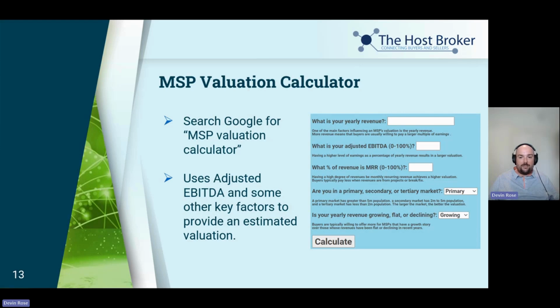If you want to get a closer idea of what your business might be worth, please feel free to reach out to us. We can talk to you about other factors and come up with a closer range. But having said that, this valuation calculator is a very good tool, and will give you a rough idea about what the market is paying for MSPs.